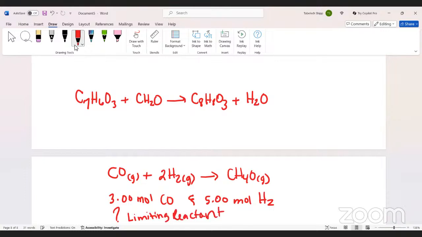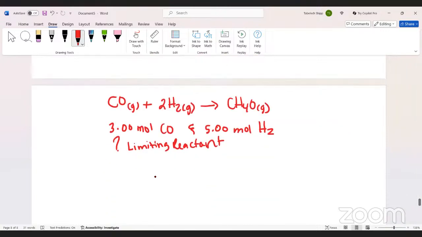And how many moles of methanol can be produced? Let me scroll this up.